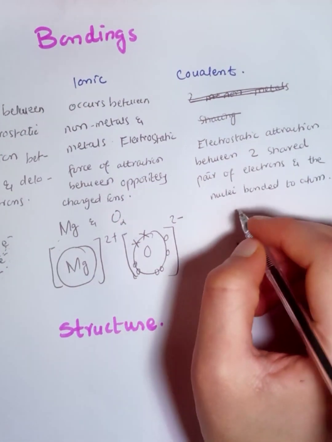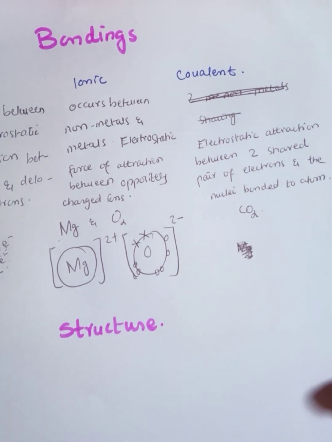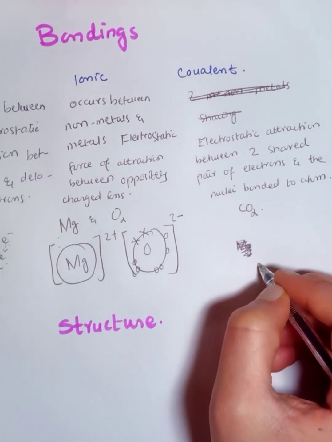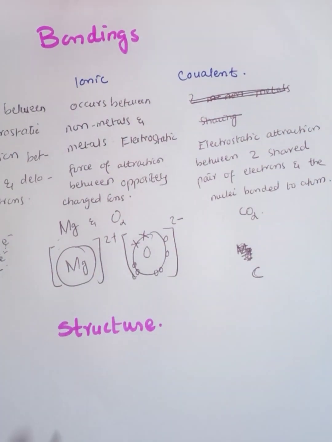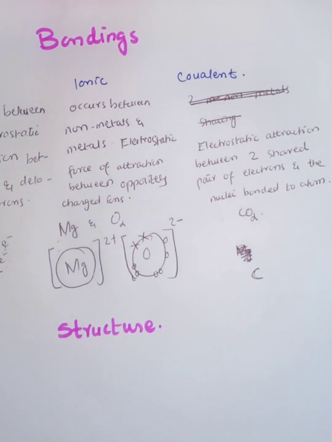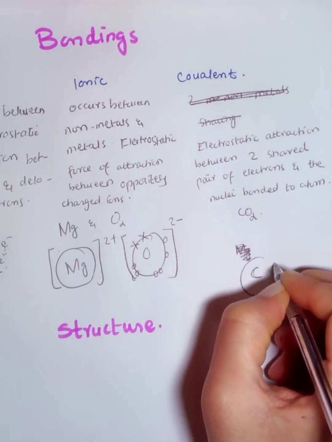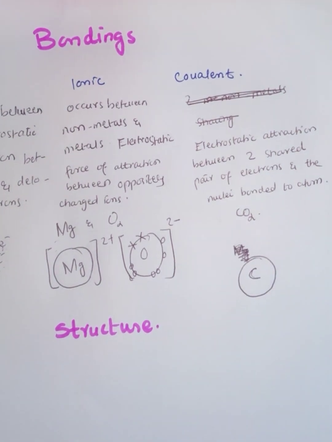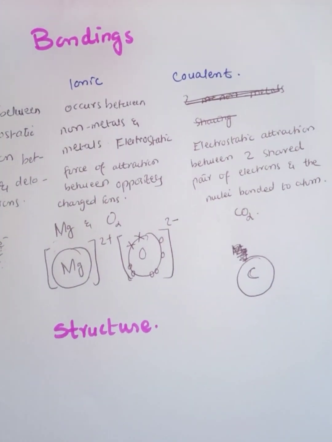For example, I'm going to do it with carbon dioxide. We know that carbon is a group 4 non-metal. So it has 4 outer electrons and it needs to form 4 more bonds.